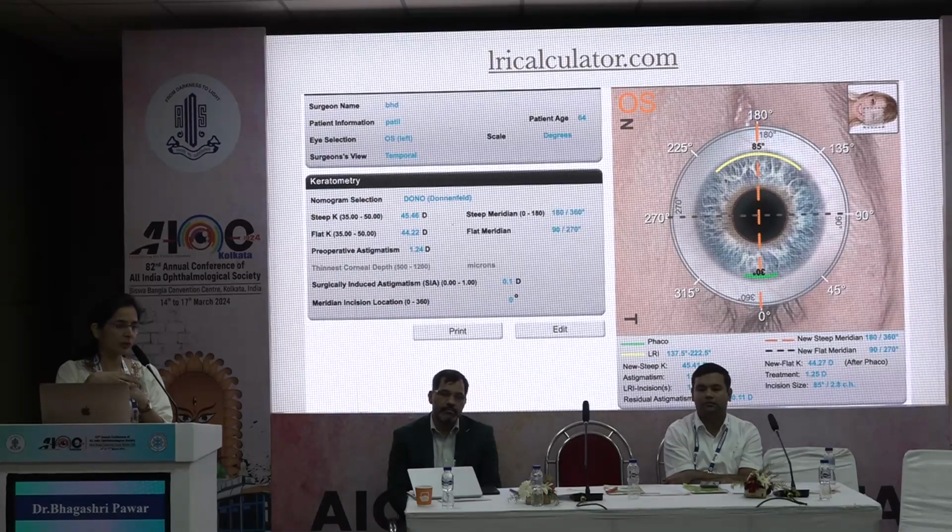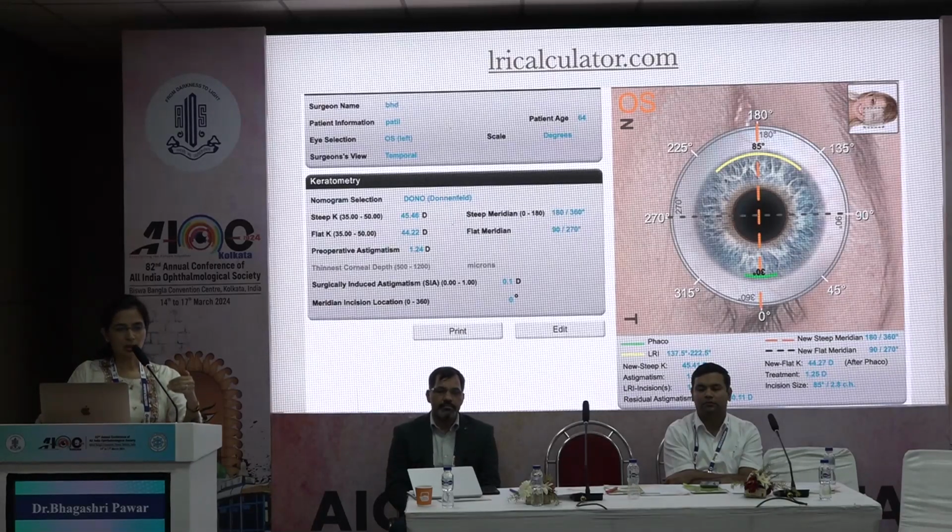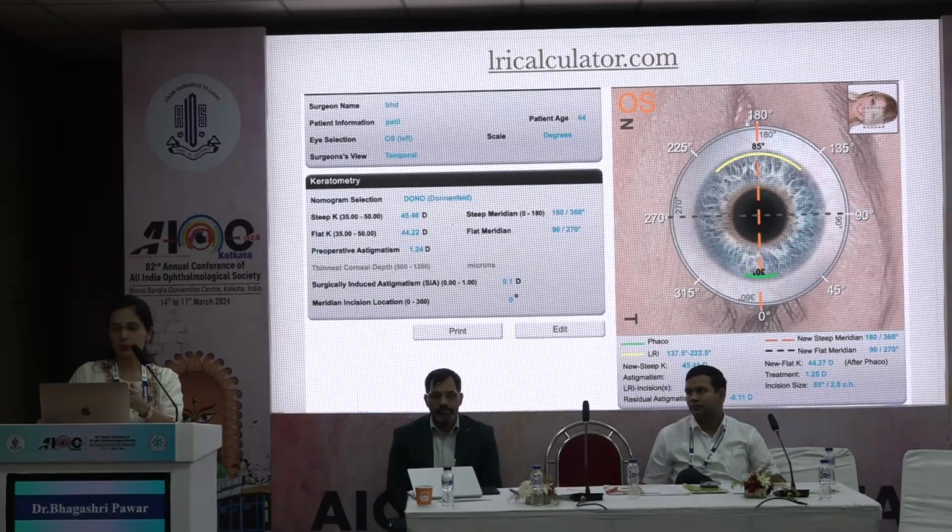For this patient, when I did the calculation for 1.25 cylinder, the Dono nomogram gave me a 30 degree phaco incision on one side and an 85 degree LRI on the other side. It does not allow you to overlap 2 incisions. This limitation means it does not correct more than 1 or 1.25.